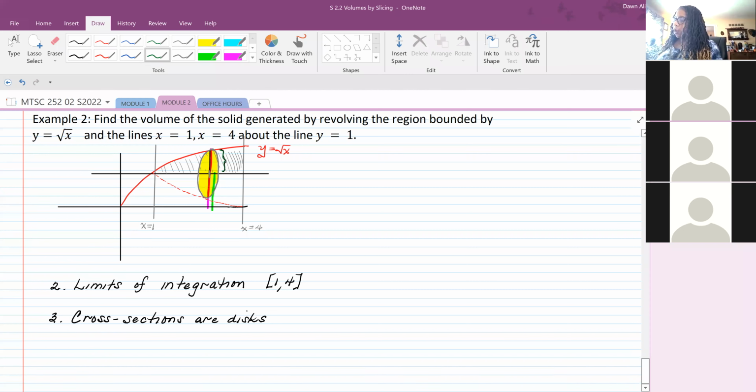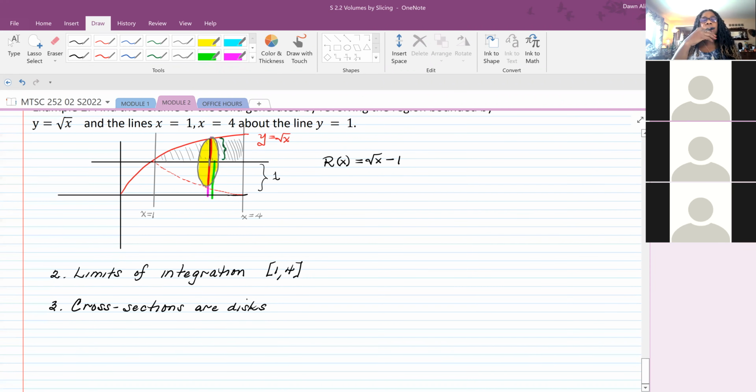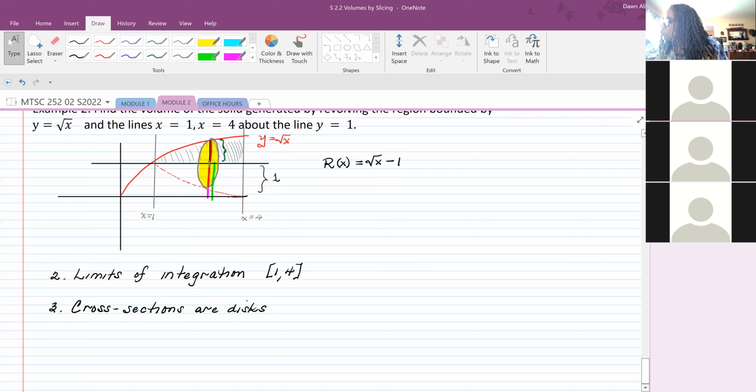Okay, so the long line, the distance is the square root of X. And then from here to here is 1. So the radius is the square root of X minus 1. Okay, I'll do it again.